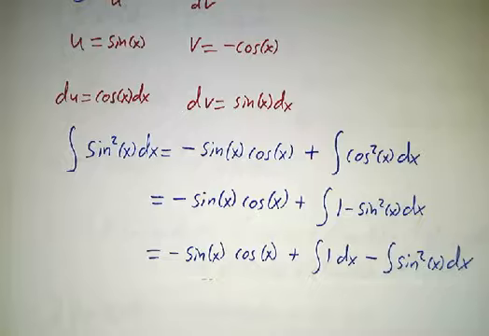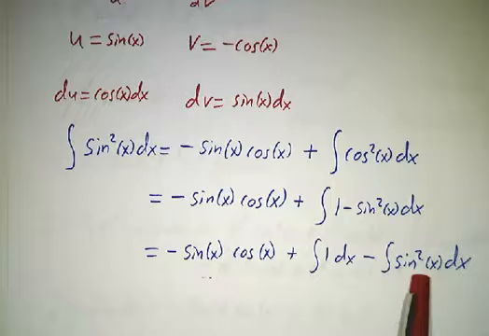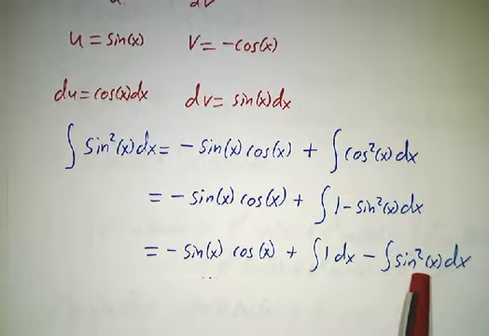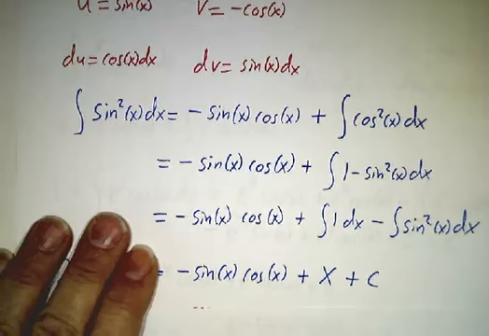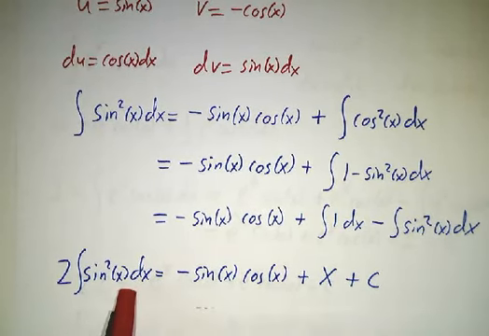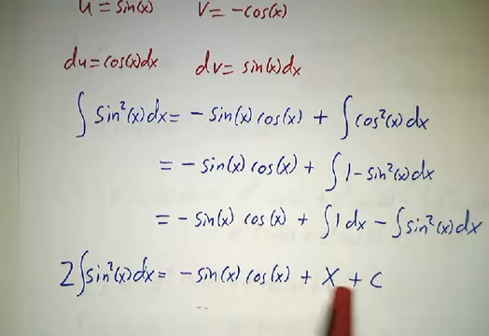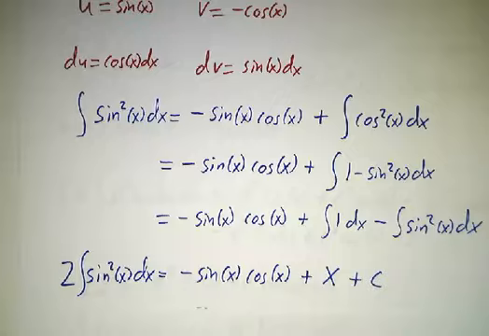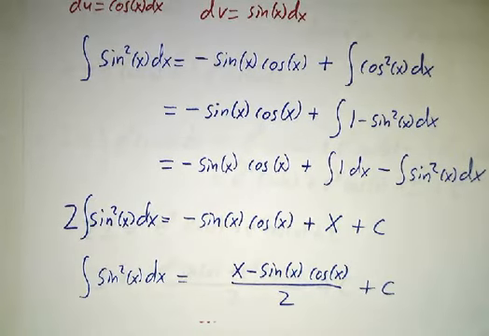Now you notice you've got an integral of sine squared of x dx on the left-hand side, and an integral of sine squared dx on the right-hand side. Now you use algebra. You add the integral of sine squared of x dx to both sides, and you get that twice the integral of sine squared of x dx is negative sine x cos x plus x plus a constant. Then we divide by 2, and we get our answer.